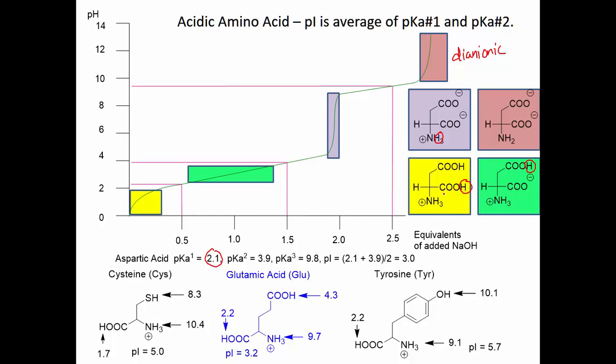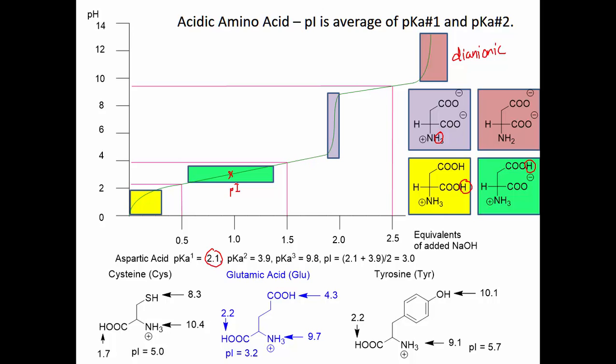Okay, so when we're looking at the pI, we're looking at the maximum concentration of the neutral species. So we're looking at the average of transitioning from here to here and transitioning from here to here. So this relationship holds that the pI is still the average of the first 2 pKa's. Okay, so here is the pI for the aspartic acid. It's right at 3, and it's the average of the first 2 pKa's.